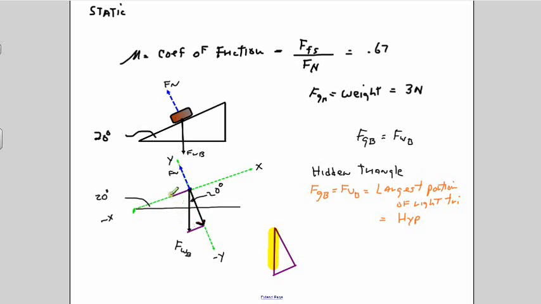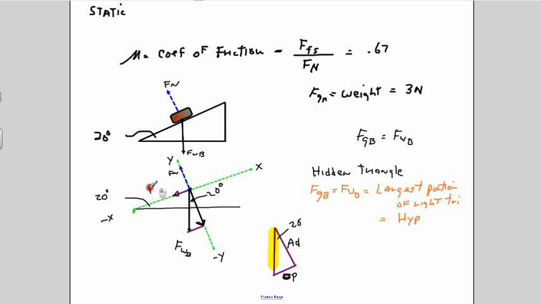It's really a rectangle. Well, it turns out that this opposite side right here, the opposite side, don't forget this is the adjacent, because here's our angle of 20 degrees over here, is the sliding force.